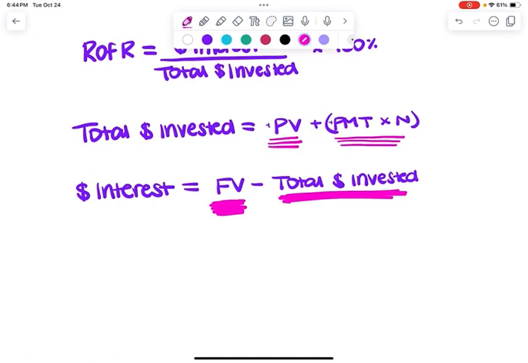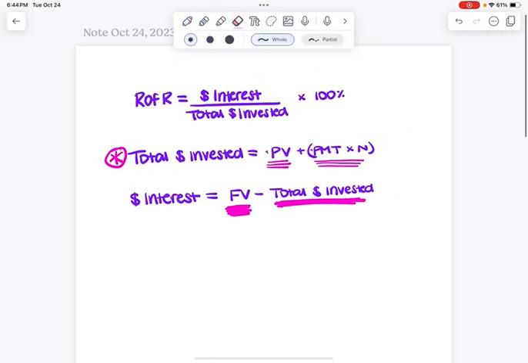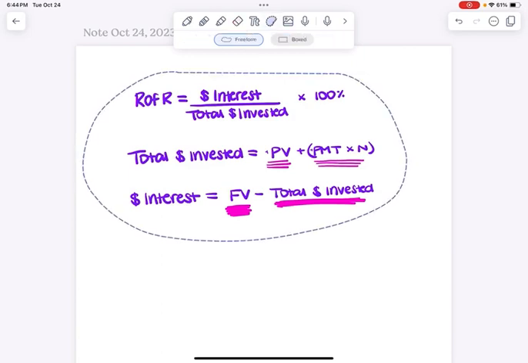It is just not always the same as PV. So I always do this calculation first because I need that number to figure out my dollar amount worth of interest. That is going to be our strategy when we take a look at example 1 of 2.5 from the notes.